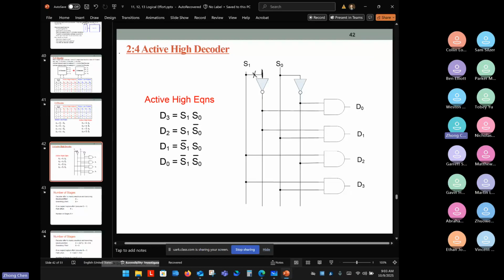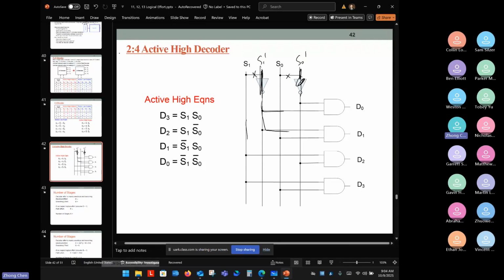So I think you can consider this as a separate input. Basically you can have directly S1 not, and this one is S0 not. So you have 4 inputs. For each input, you will have a branching effort equal to 2 in this case, because you have a branch here and also a branch here.